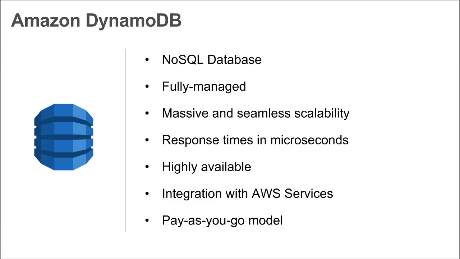As you would expect with any Amazon Web Service, DynamoDB is built with intrinsic fault tolerance, and it's designed to be highly available. So when you provision a table in a given region in DynamoDB, the data is automatically replicated across two other availability zones to make sure that your application is always available, and DynamoDB is responding to all requests that you send. And DynamoDB integrates natively with many AWS services right out of the box: CloudTrail for logging, CloudWatch for monitoring, Elasticsearch for full text query support, and so forth.